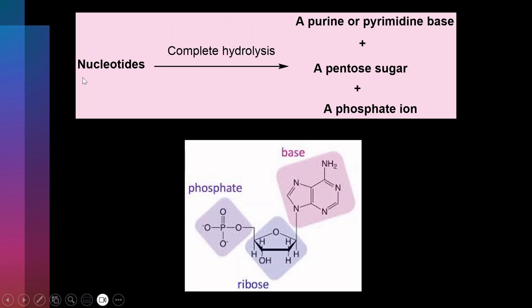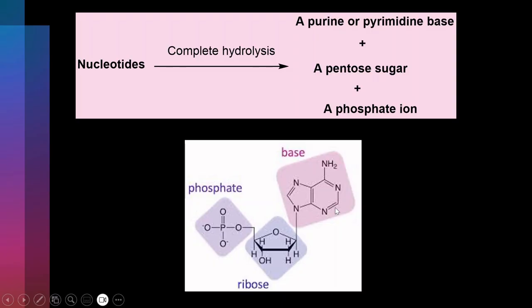Now, when we carry out the complete hydrolysis of a nucleotide, it is broken down into a heterocyclic base, which could be a purine or pyrimidine base, a pentose sugar, and a phosphate ion.